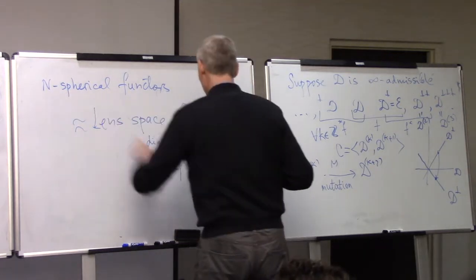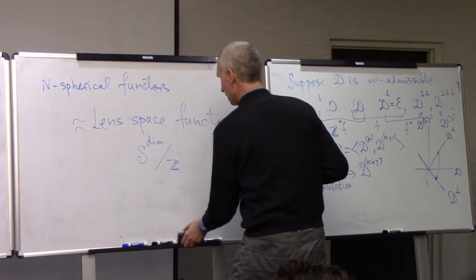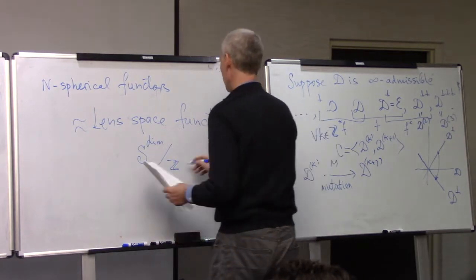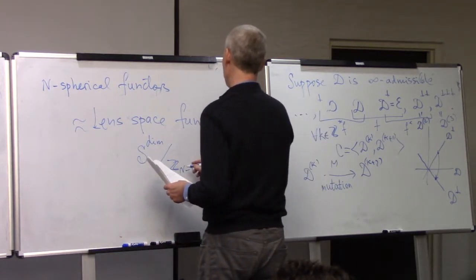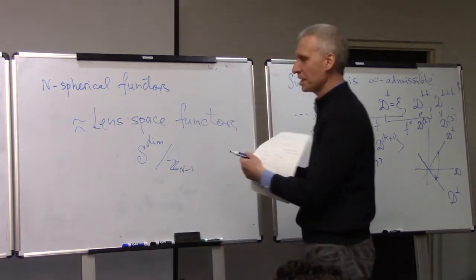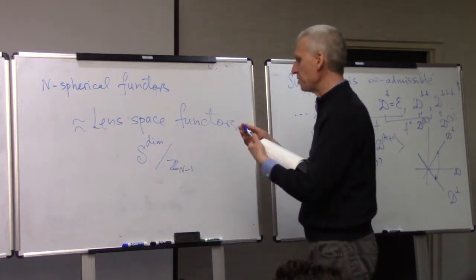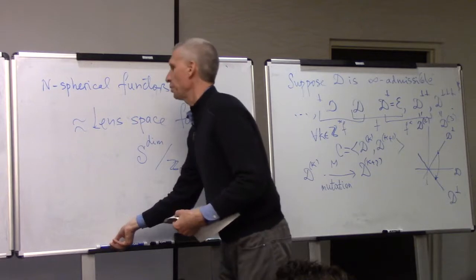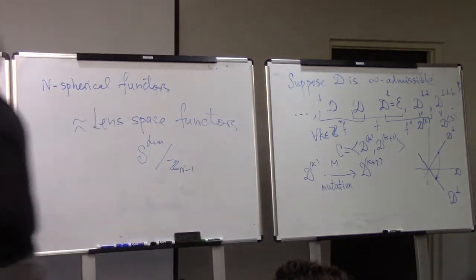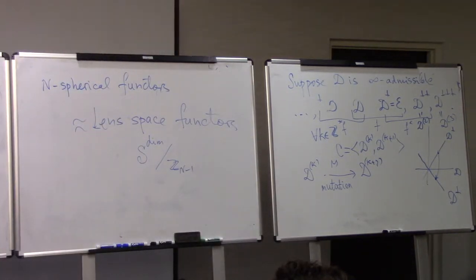So this n would be mod Z, n minus 1. Yes, it would be something like this. Of course, naively, it is confusing because if you only look at the algebra of endomorphisms, you don't see it. But this seems to be a reasonable way of looking at such examples.